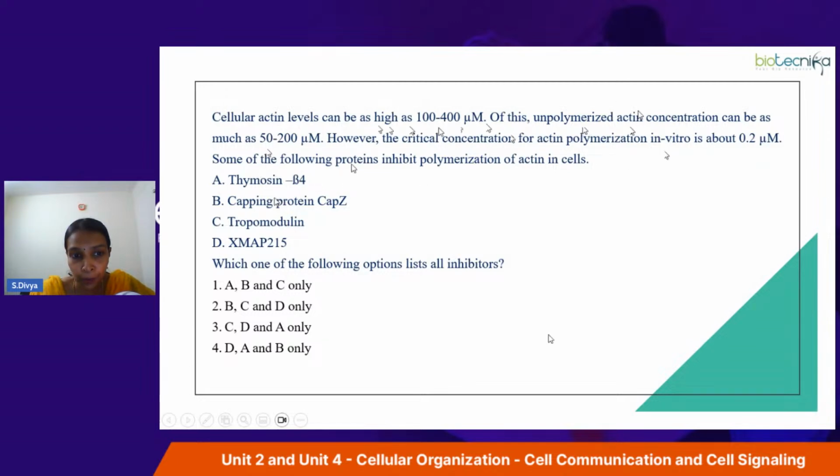Now, some of the following proteins inhibit the polymerization of actin in the cells: thymosin, capping protein, tropomodulin, XMAP215. Now, you have to identify the inhibitors of actin filaments. I have discussed the concept previously. Based on this, another question. Can anyone identify who all come under actin inhibitors?